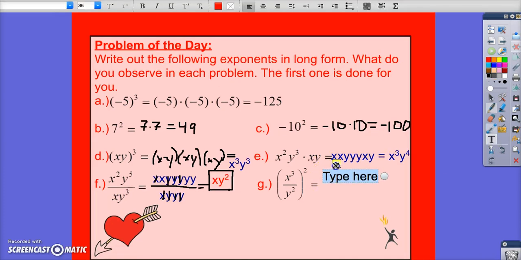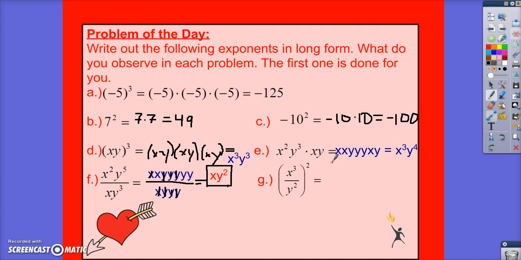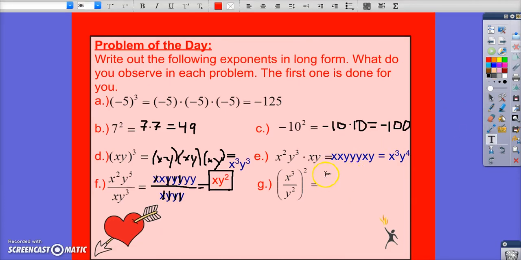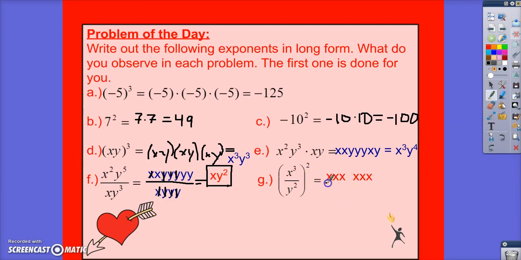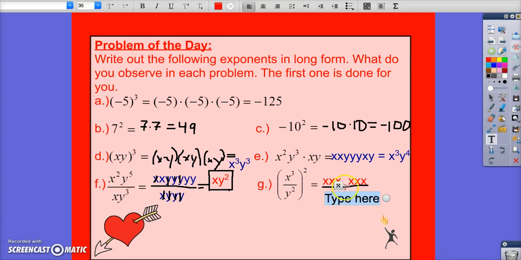And for the last one here, let's see. Actually, I'll write it first. I'm seeing it twice. And actually, I just might type it. So 3 x's. Bottom, I have 2 y's.